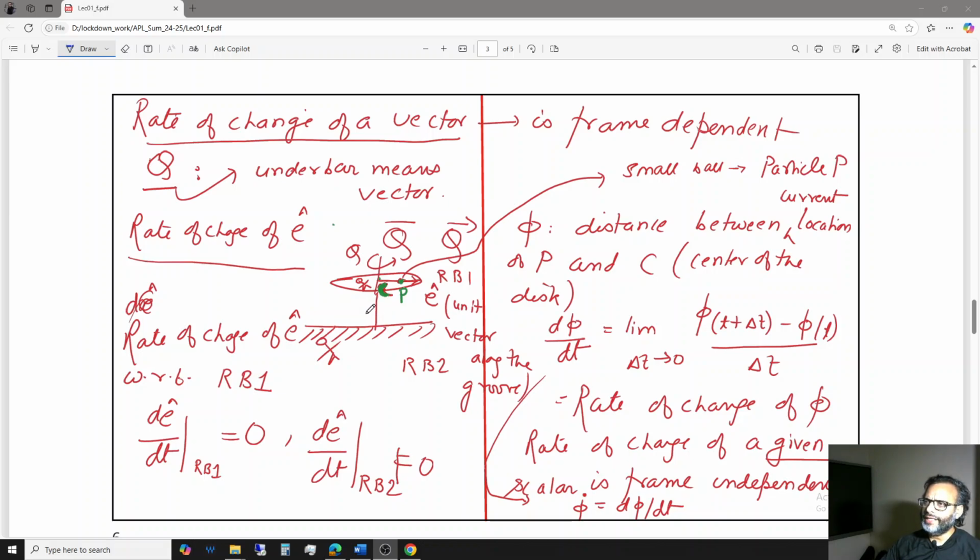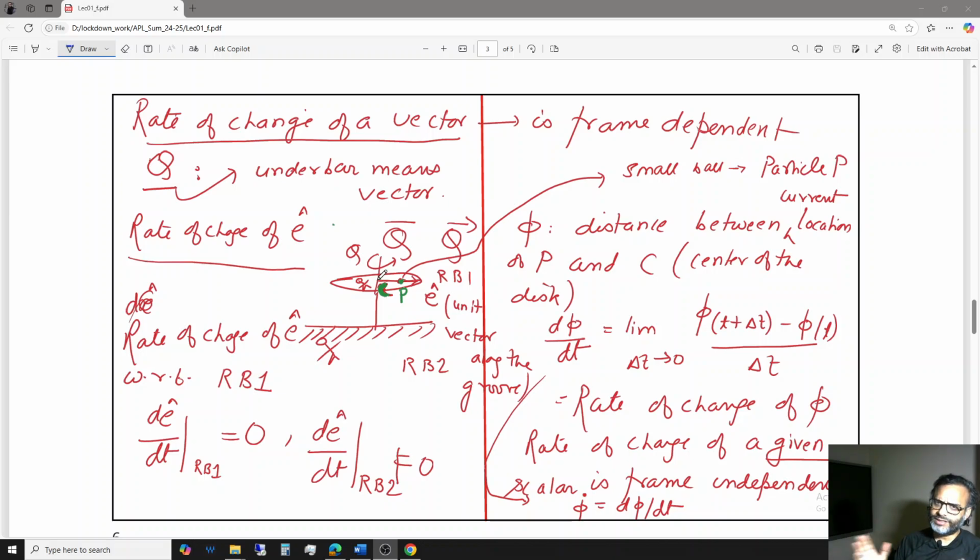The vector is the position vector of P measured from this point C. So C is the center of the disk and P is a particle fixed to the disk. I draw a line segment connecting C to P, and that line segment I am calling a vector.